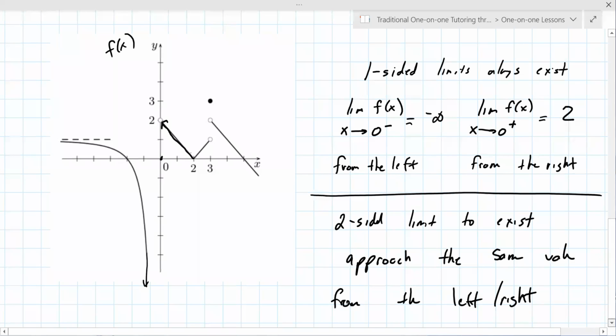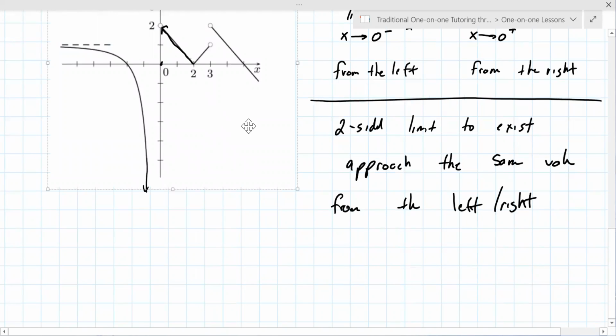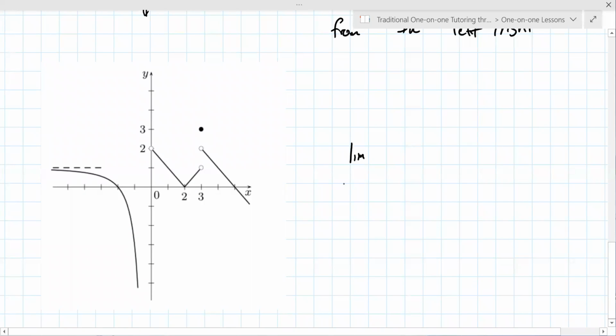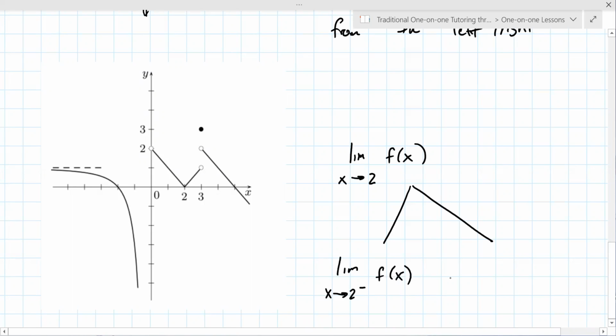So for example, if I grab this graph again and I ask you the limit as x approaches 2 of f of x, what I'm really asking is, is the limit as x approaches 2 from the left of f of x the same as the limit as x approaches 2 from the right of f of x?